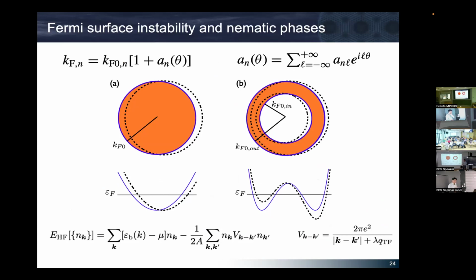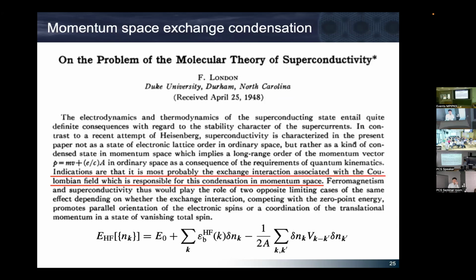Well, the physics behind the rotational symmetry breaking can be traced to this angular shape of the Fermi surface when we dope the band edges in the band structure. That is related with the so-called momentum space exchange condensation that was proposed by London and Heisenberg already 17 years ago.